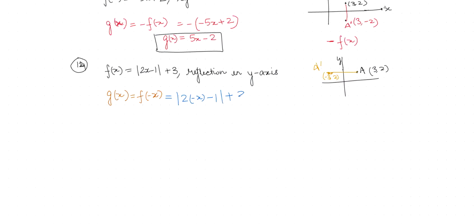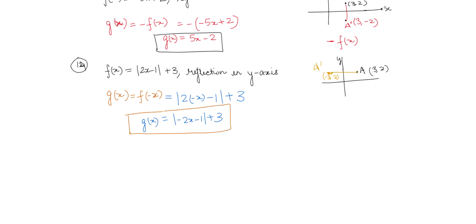So this would give us minus 2x minus 1 plus 3, and this would be g of x. So this is our g of x, where f of x was given as this, and we reflected it over the y-axis.